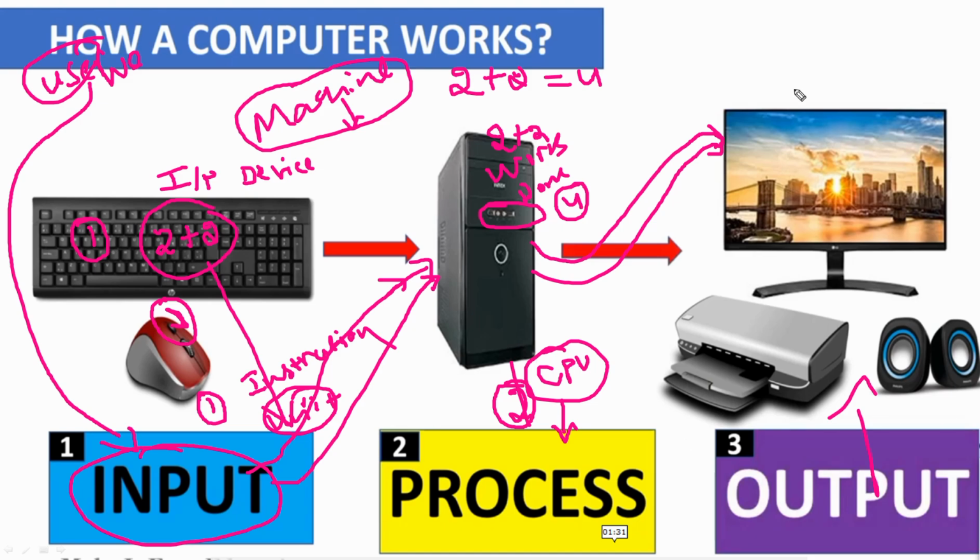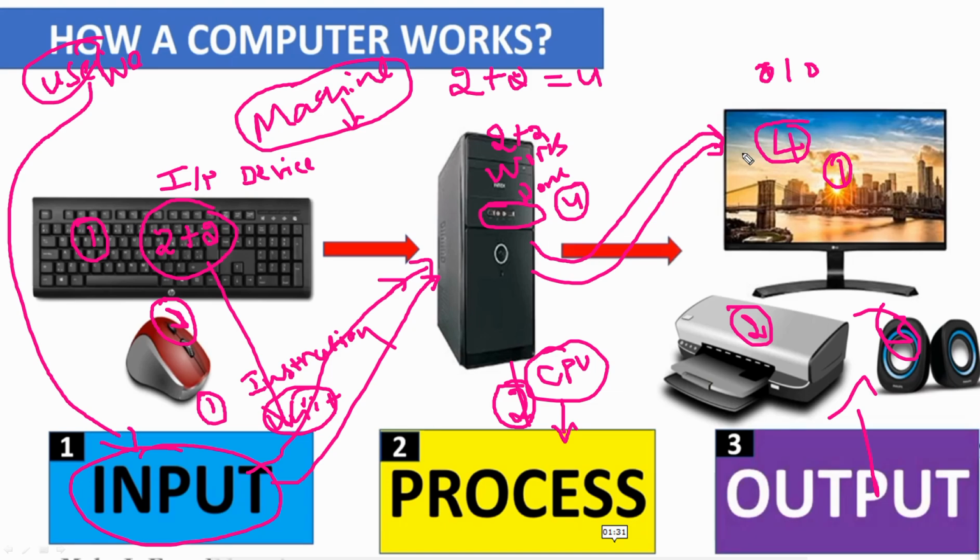The devices we use to take output from the computer are called output devices. Under that we have the monitor, speaker and printer. Once the final result reaches the monitor, we see the final result of the computer: 2 plus 2 is equal to 4.